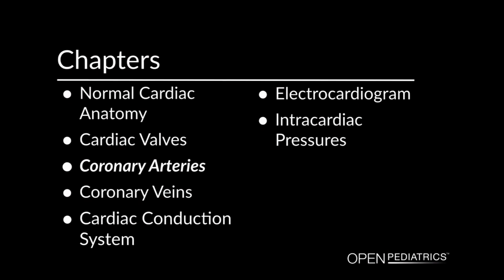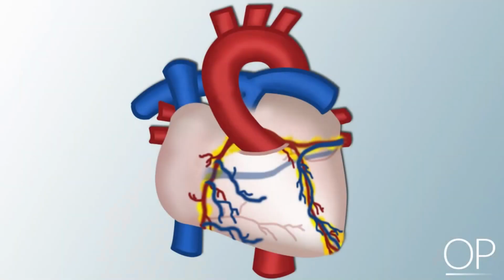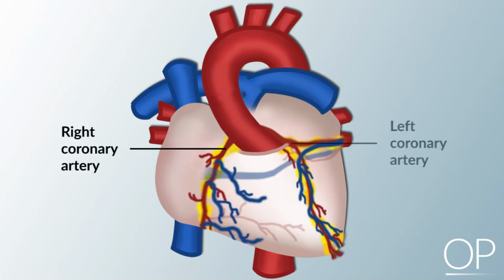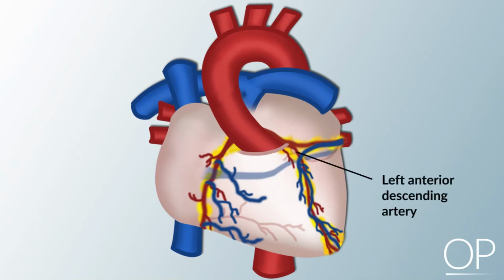Coronary arteries. The branch of the circulation that supplies oxygen and other nutrients to the cells of the heart is called the coronary circulation. The major coronary arteries are the right coronary artery and the left coronary artery. The left coronary artery originates from a single opening behind the left cusp of the aortic valve and divides into the left anterior descending artery and the circumflex artery.